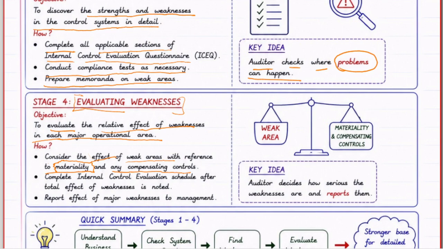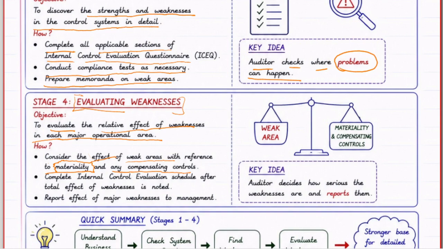So I'm trying to find an example to explain compensating control. What do we mean by compensating control? Let's say the same person, listen, because if you go to a mall, a supermarket store, the person who receives your payment is the person who issues the receipt, the cashier.